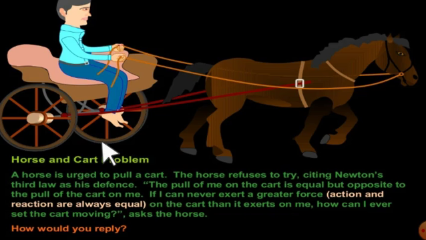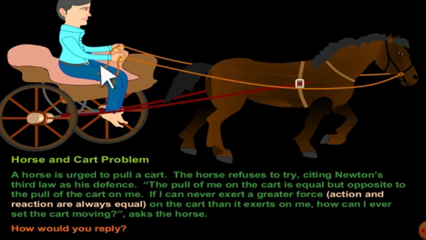Now let's take a very funny example about this problem, of a horse and cart, okay? Think that this horse can speak, just like in your cartoon movies, okay? The horse is urged to pull a cart.